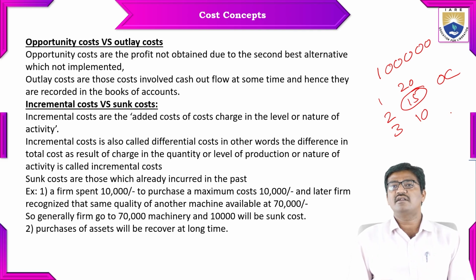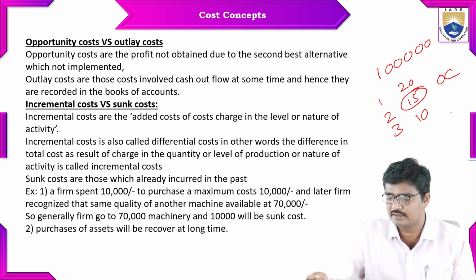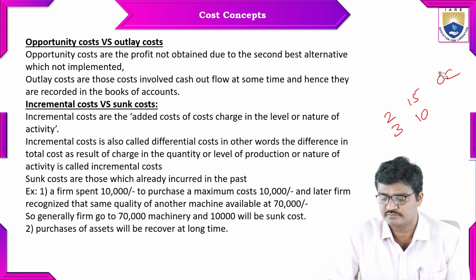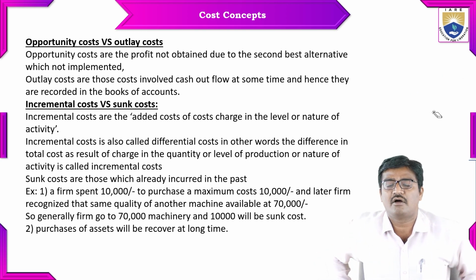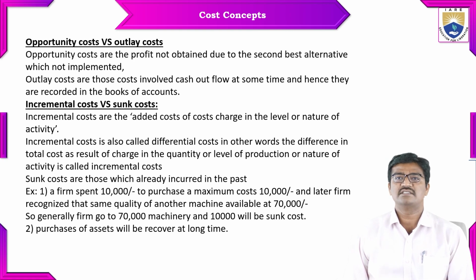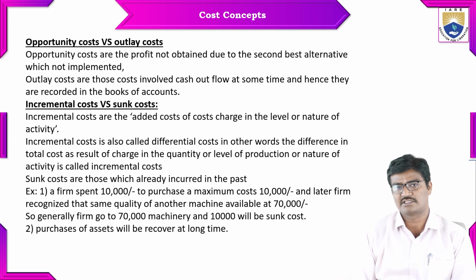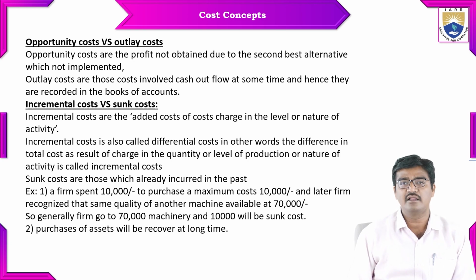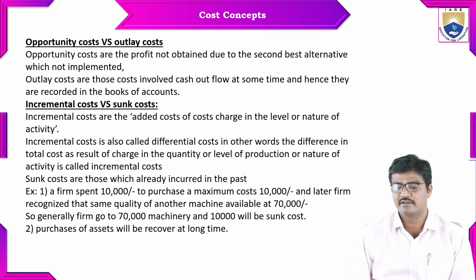And next one, incremental cost versus sunk cost. And this is one of the most important costs. Incremental cost is the cost which is going to increase your existing costs. That is called incremental cost. For example, you have started construction of a building.